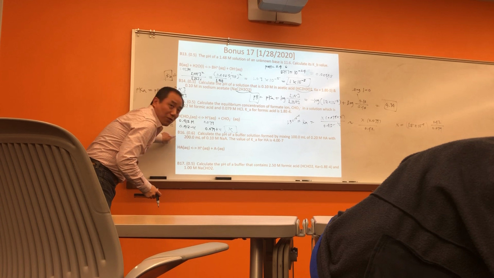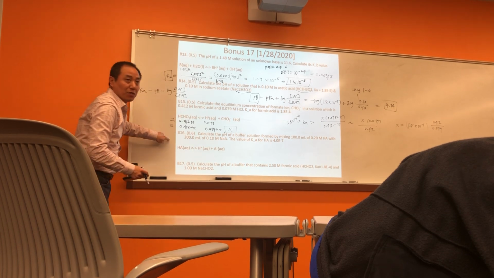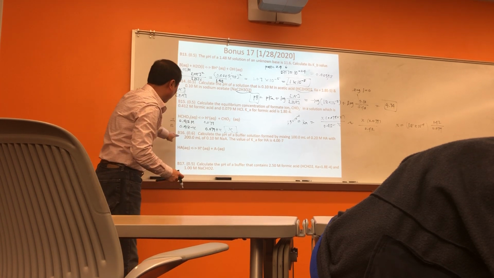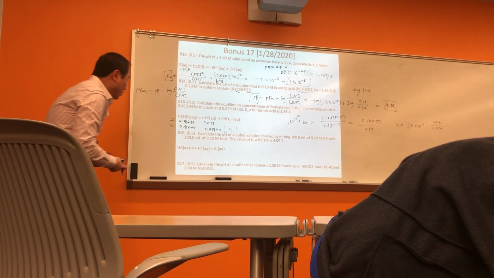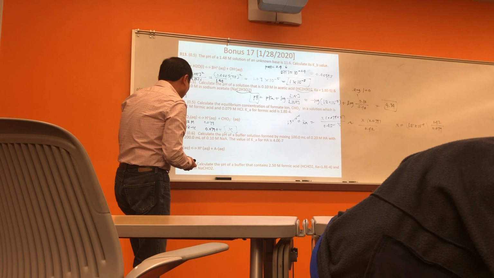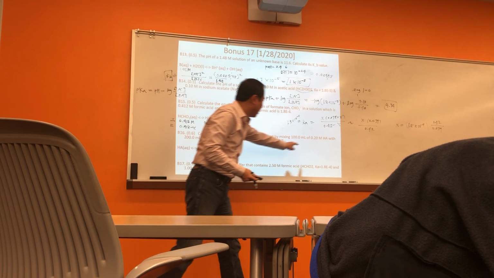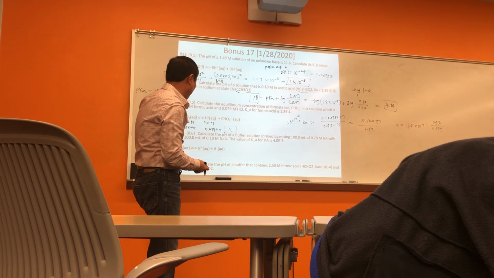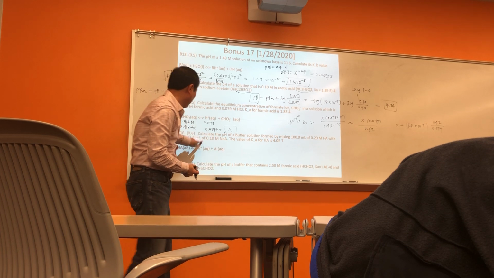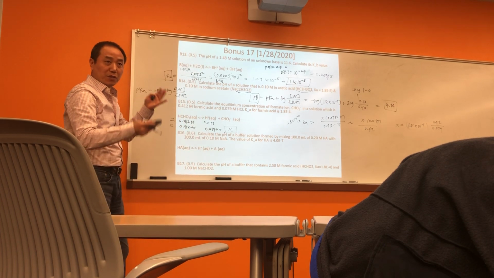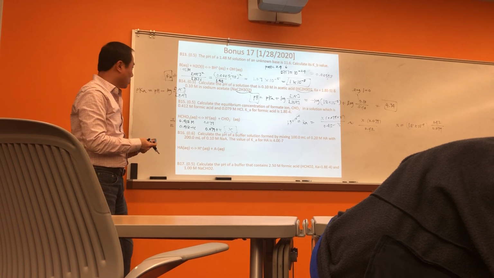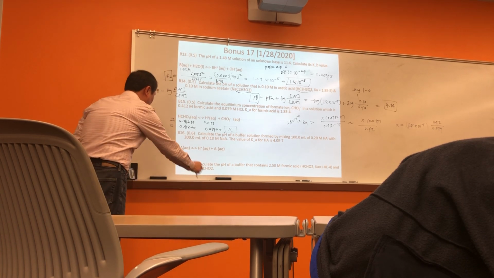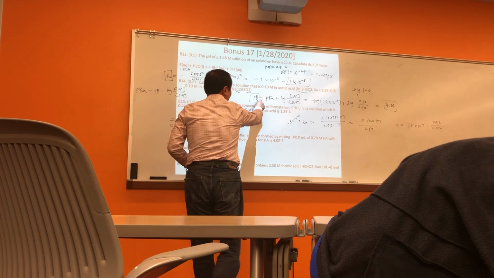This might be a little more challenging. This will be more challenging than any other problem. We have a certain amount of acid, this much, and you have conjugate base, this much. So whenever you see a conjugate pair, you just think Henderson-Hasselbalch equation. This is acid. Again, I'm going to use that formula.